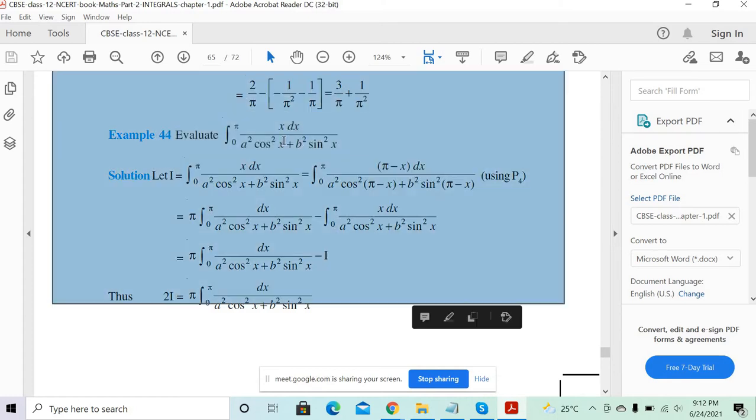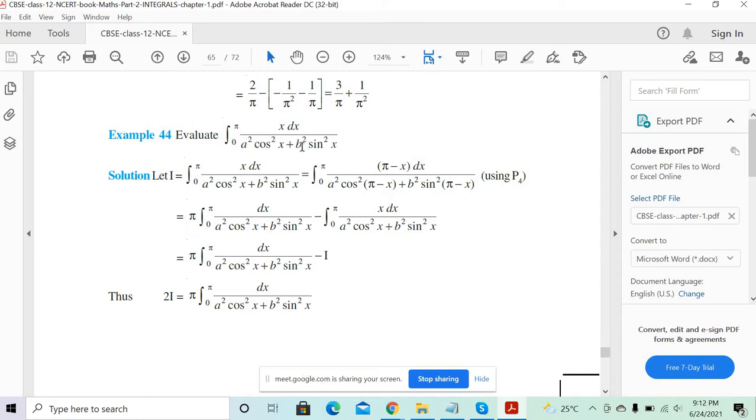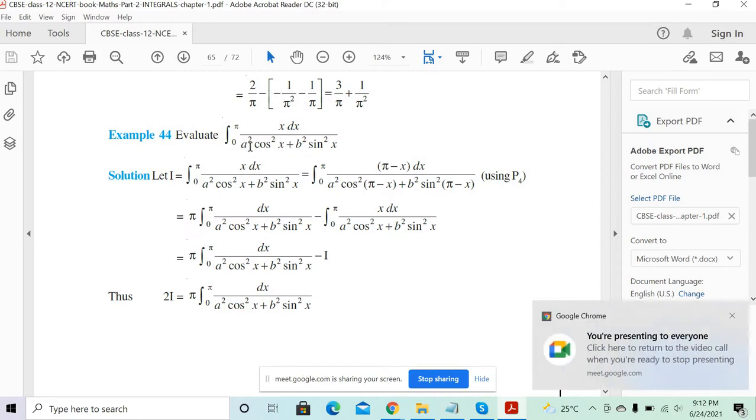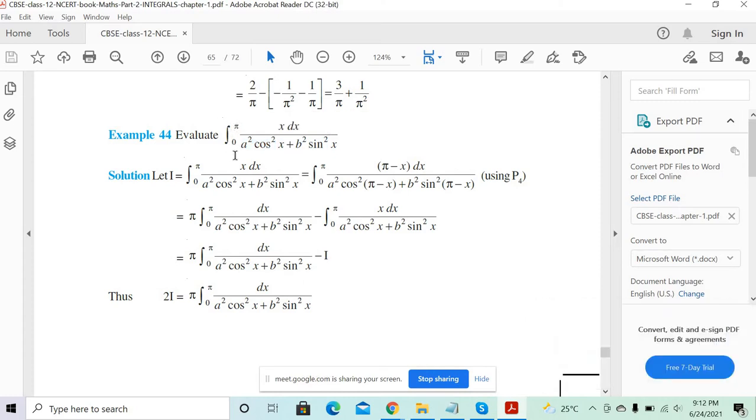So look at this part. The denominator is cos square x plus sine square x, right? We already have the limit 0 to pi. So when you apply property number 4, you replace x with pi minus x, so f of x equals f of pi minus x.